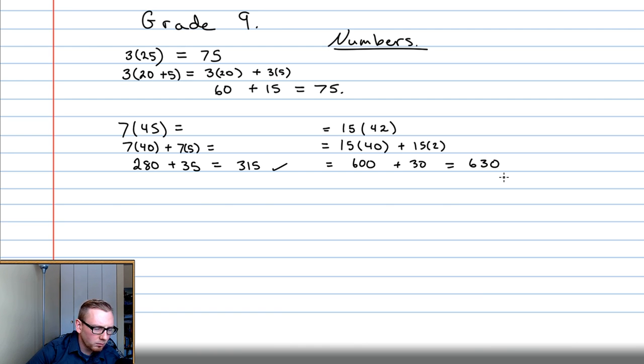Now, there are other things we can think about as well. The question I would have for you then is, if it's 15 times 42, we got that. What if we did 15 times 42 again, but instead of keeping the 15, we said 10 plus 5 times 40 plus 2.